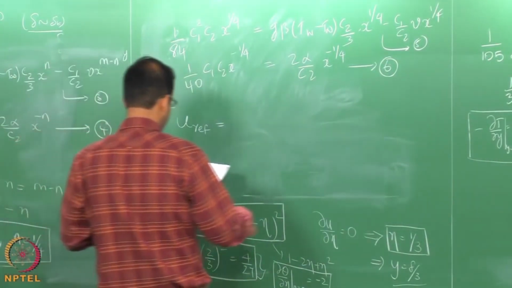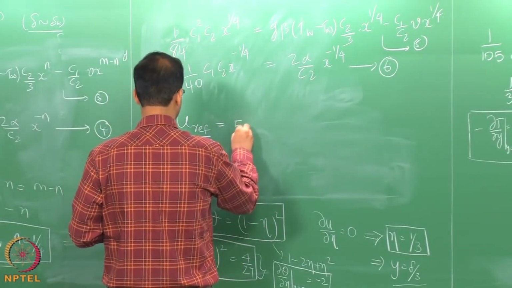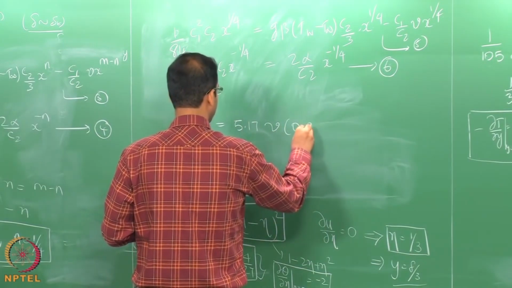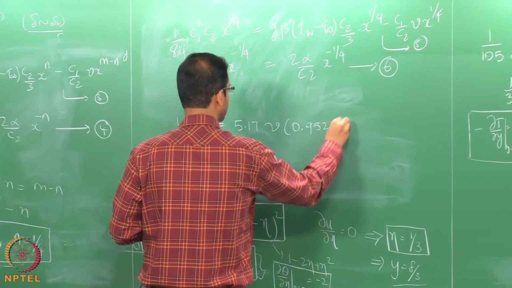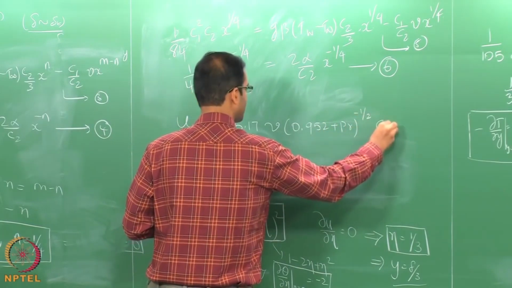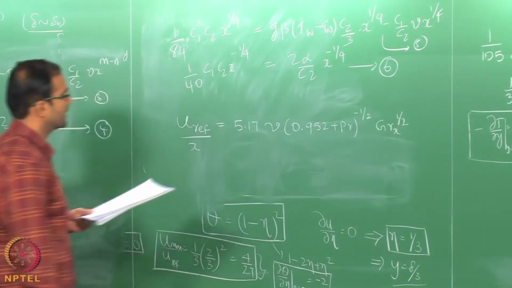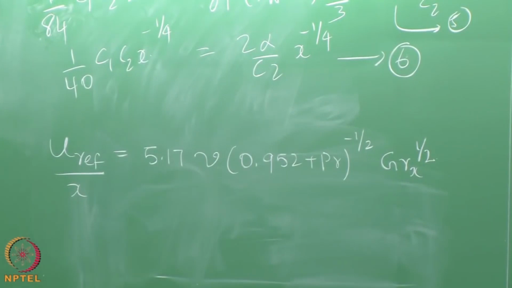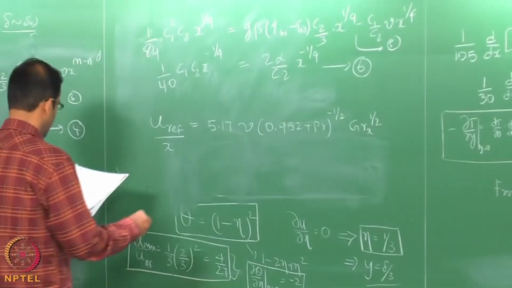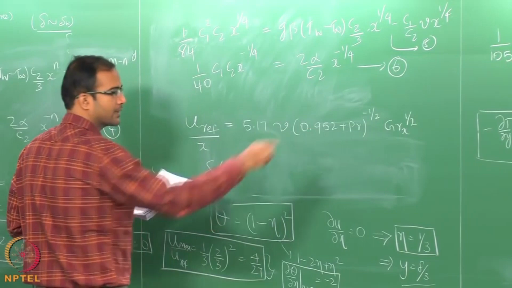Okay. So the final expression comes out to be u reference by x is equal to 5.17 nu, 0.952 plus Prandtl number to the power minus half, and Grashof number to the power half. Okay. So if you group all the terms, define Grashof number, Prandtl number, this is what you will end up with. Similarly, delta by x, so delta is C2 x power n.